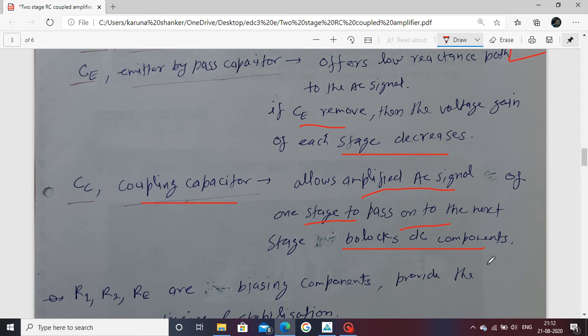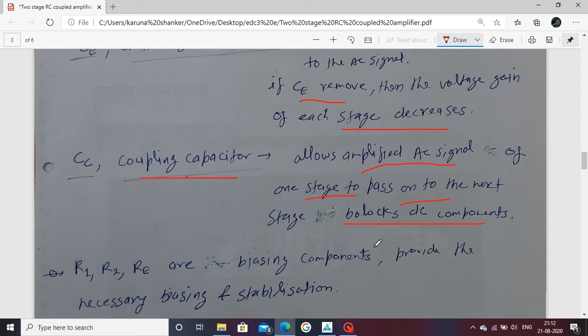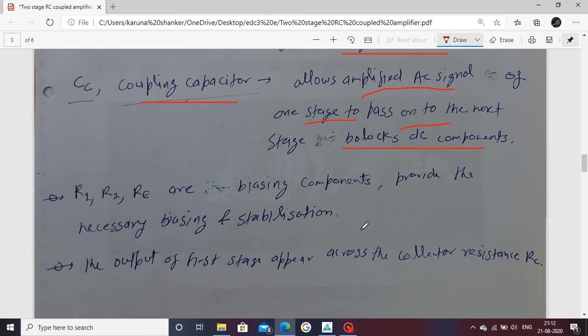One of the important points noted here: the AC signal is amplified. The DC signal is not a component of the signal. That's why the coupling capacitor blocks the DC component, and the AC signal is the desirable one to pass.